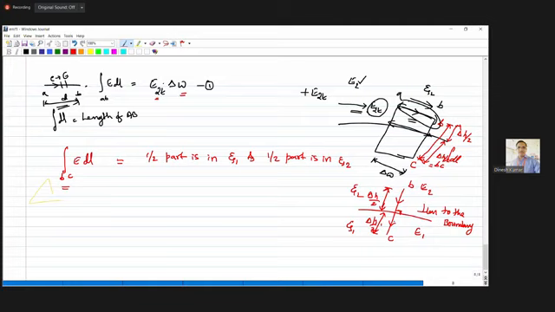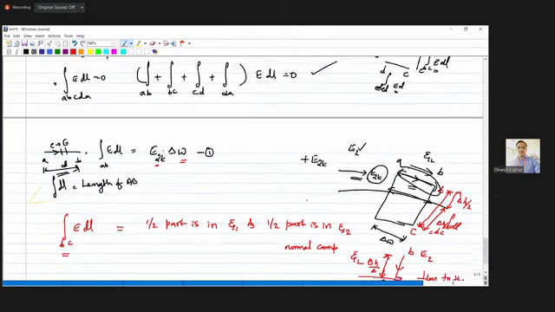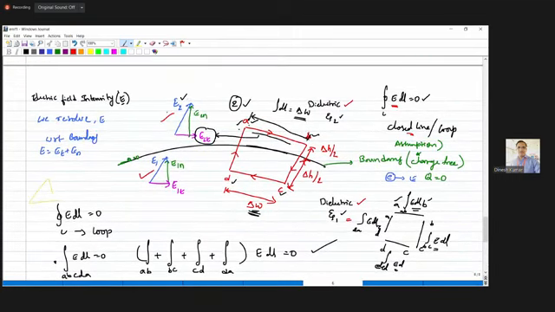We have to go with the normal components. But see how the normal components are there. They are pointing upward. E2n is pointing upward. Similarly, E1n is also pointing upward.